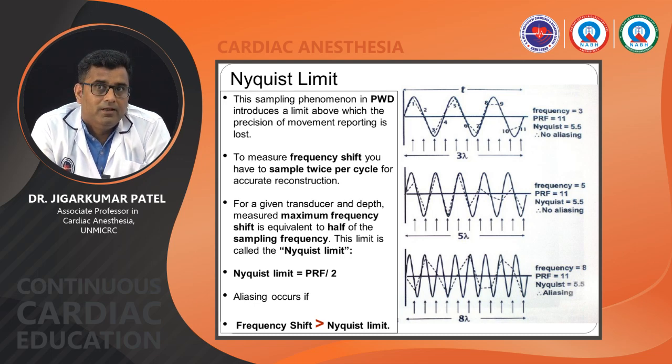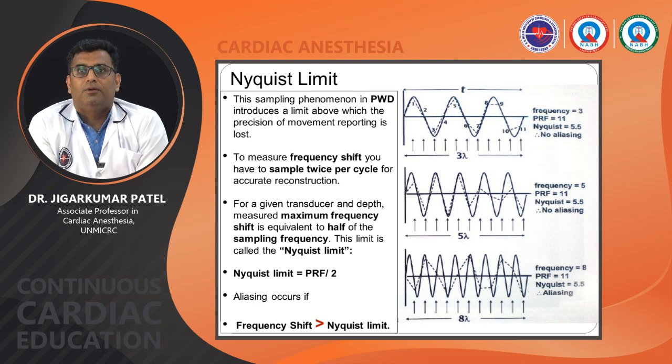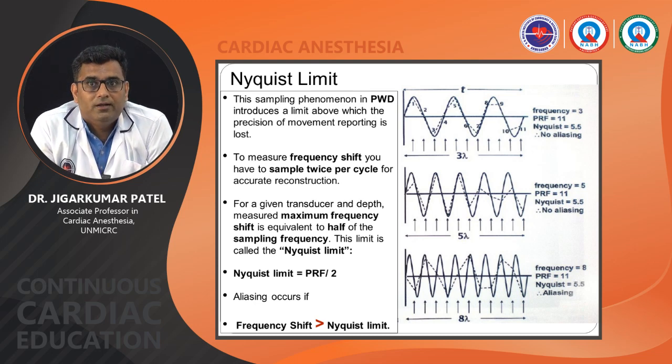In the middle of the chart, the frequency is increased from 3 to 5, but it is still lower than the Nyquist limit, so you will get the actual direction of the flow. In the lowermost image, there is an increase in the frequency to 8. So it is more than the Nyquist limit, and you cannot identify the exact direction of the flow.